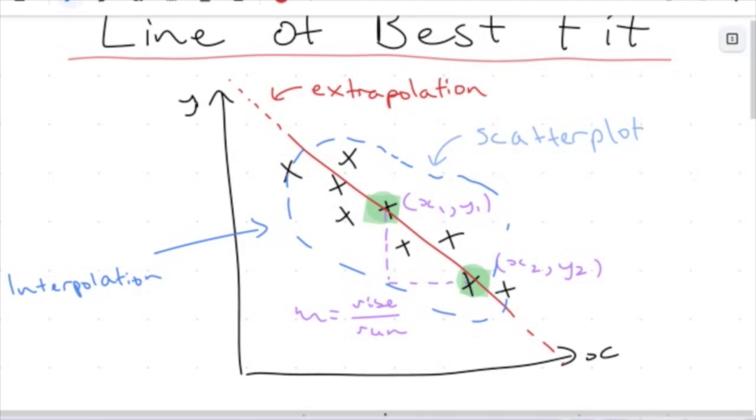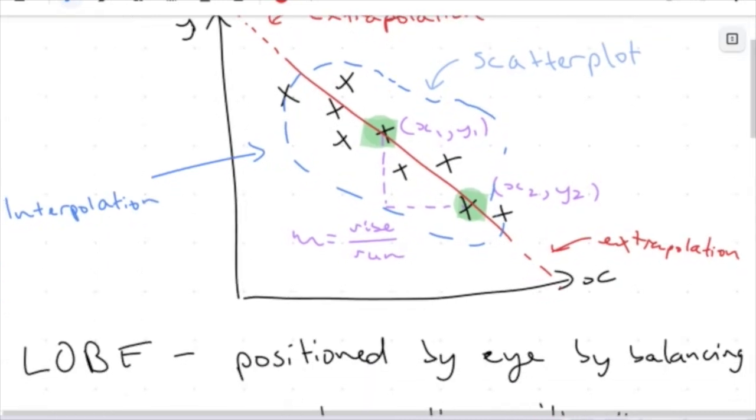So I'm working outside of the range of my points here. This guy down the bottom here as well is also extrapolation. Because I'm trying to find what's going on outside of my data set. So I'm trying to make predictions about things that are outside of the particular range.